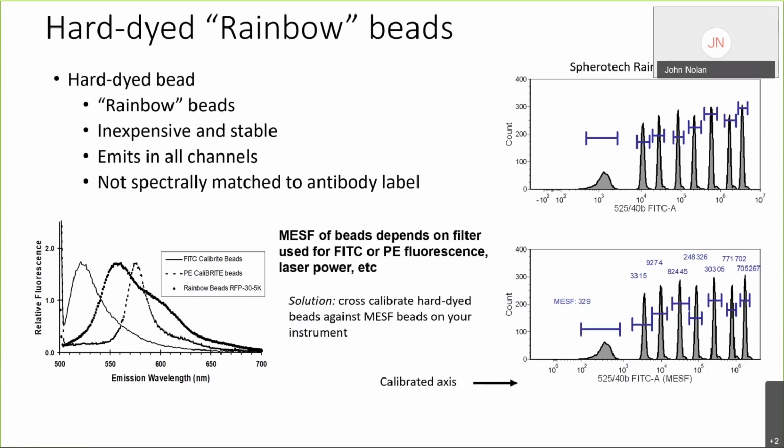The caveat to remember with these is that they are not dyed with the actual dyes that you're going to use in your immunofluorescence experiment. Spectra down here shows the spectra of FITC and PE, and then the spectra of a rainbow type particle, and you see that while it emits in both the green and the yellow, it doesn't have the same spectra as the green and yellow of FITC and PE.